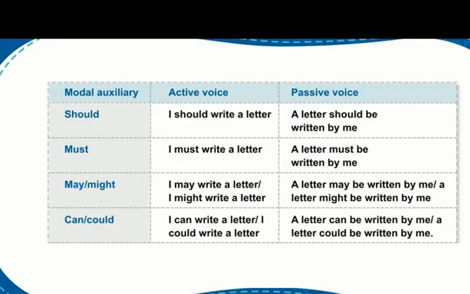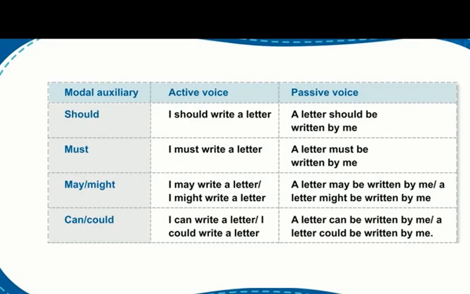Now the modal auxiliary verb should stays the same, and add be. Attach the preposition by before the subject. Now the final sentence in passive voice is, a letter should be written by me. So instead of using a helping verb, we are using the modal auxiliary verb plus be along with verb 3.